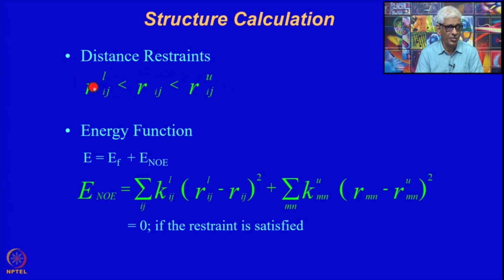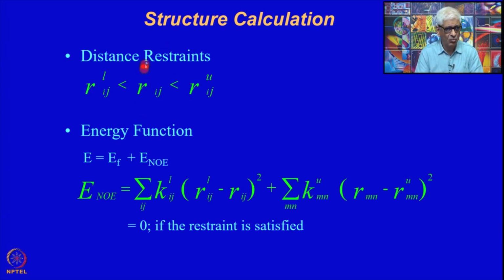The upper limit anyway cannot be more than 5 angstrom; the highest value is 5. However, on the basis of the intensities, we can say that this distance should be between 2.5 and 3.5, or between 3 and 4, or between 3.5 and 4.5. That kind of range we can give for the different peaks depending upon their intensities. These are called distance restraints.